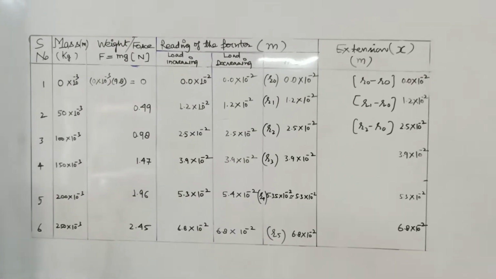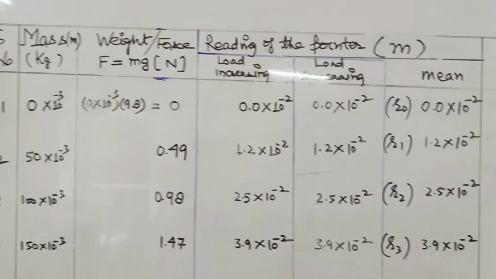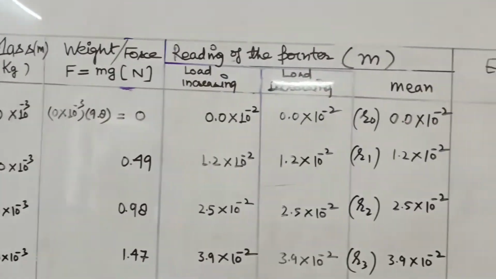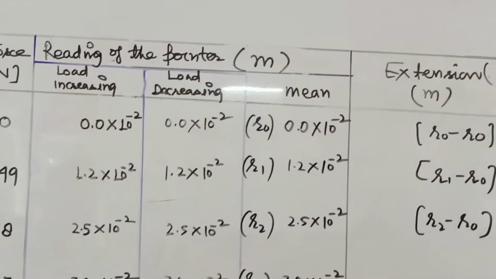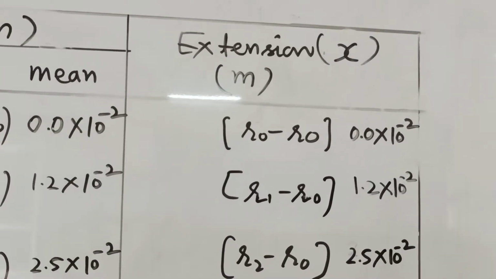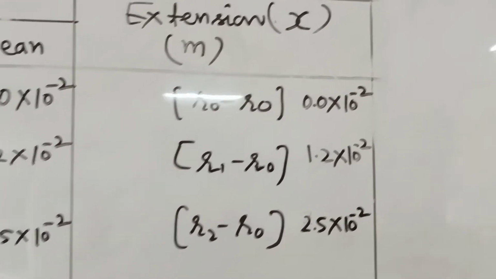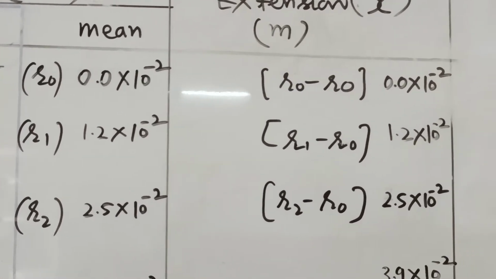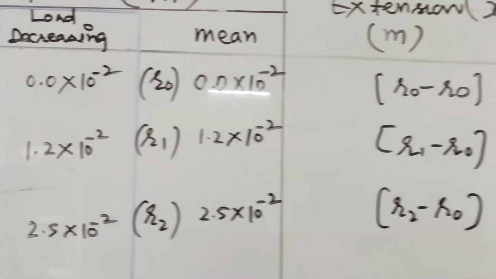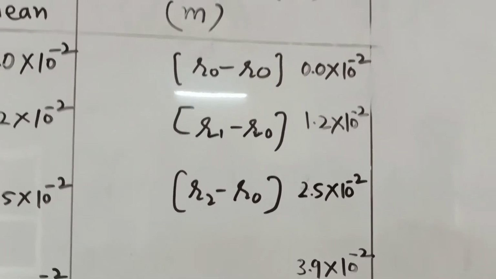You can see how we have calculated the extension. The first reading for zero load was taken as R0, and the extension was taken as R0 minus R0, that is, the first extension is 0.0. Then R1 was the next reading, and R1 minus R0 is taken in this way.